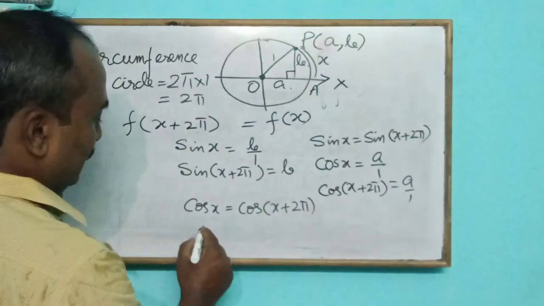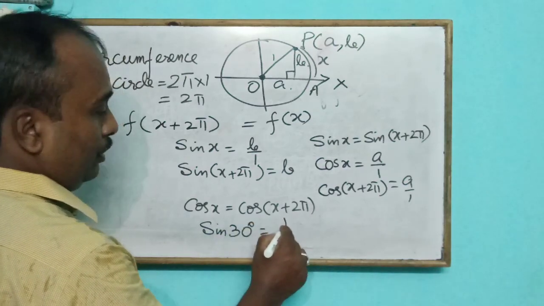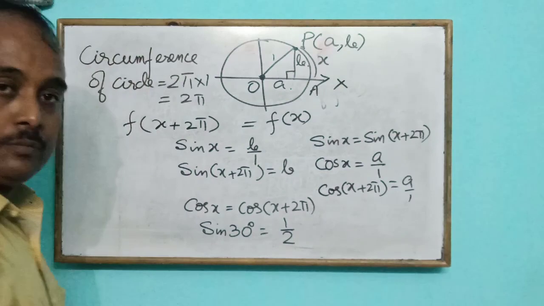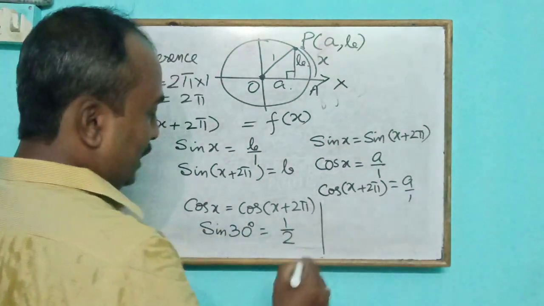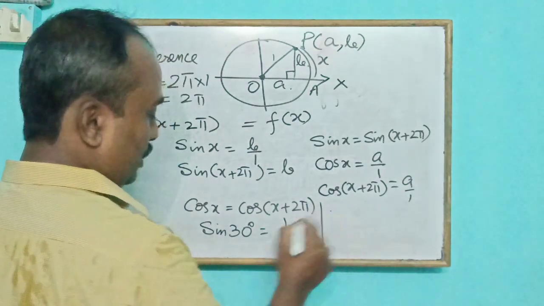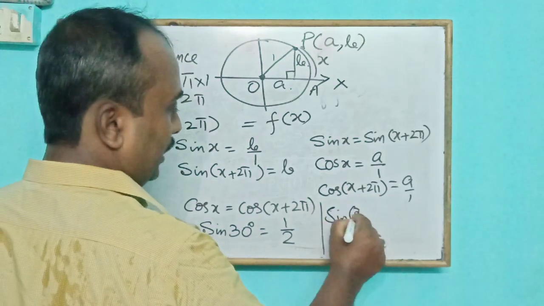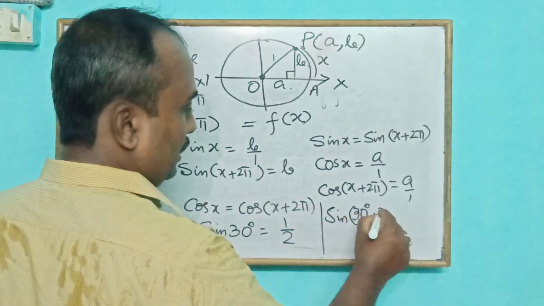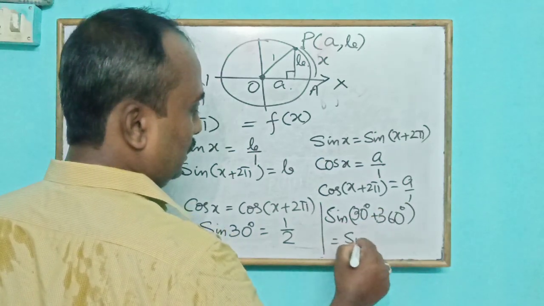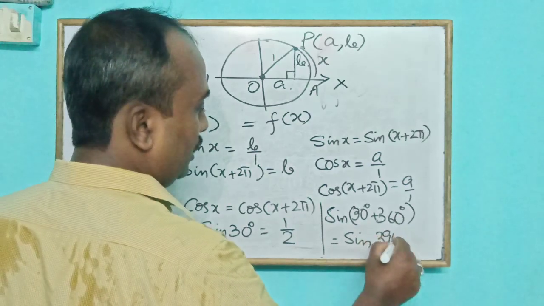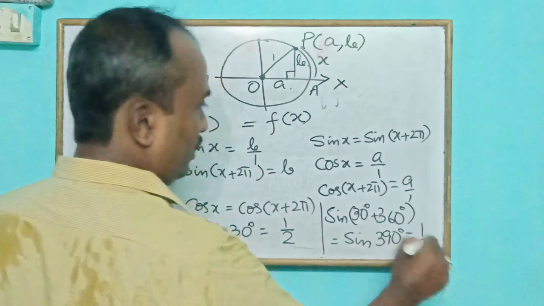For example, sine 30. If we know it is half, then if I add 2 pi with 30, 2 pi means 360 degree in terms of degree, pi is in radians, so sine 30 degree plus 360 degree, that is sine 390 degree, will be also half.